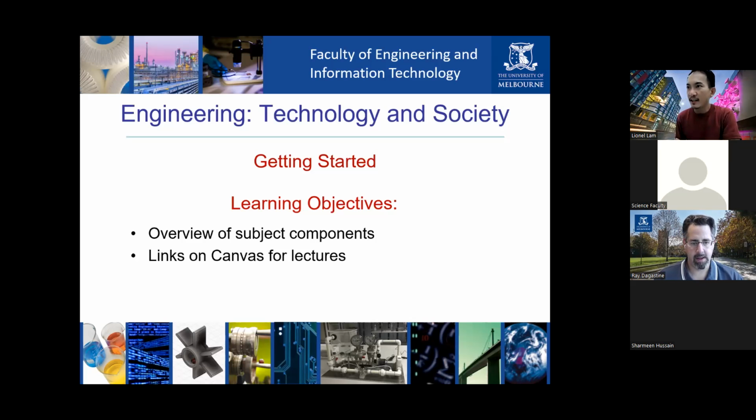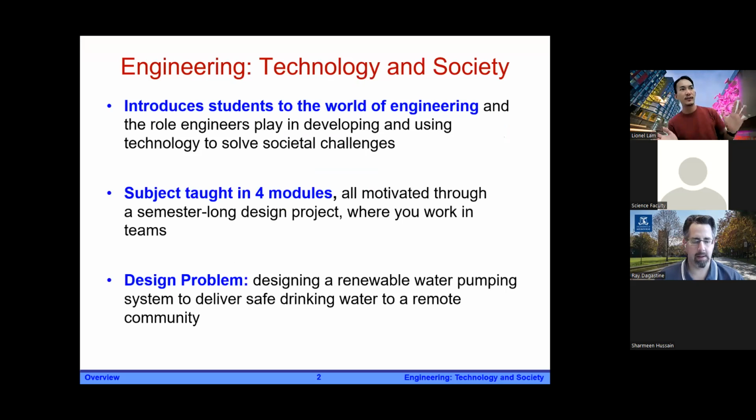Right, so engineering, technology, and society. So this subject is a first year subject, probably the first subject you'll see if you're going down an engineering track. The main aim of the subject is to introduce students to the world of engineering and the role that we as engineers play in developing and using various technologies to solve challenges that society faces.